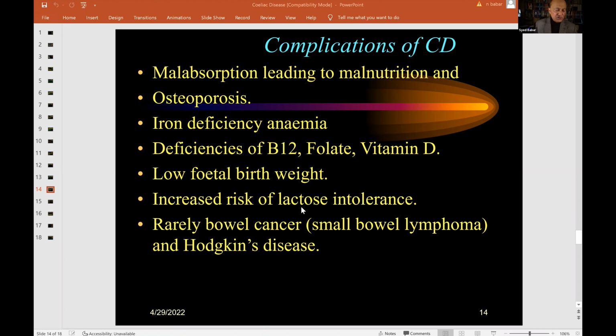Continuing challenge from gluten can be linked to small bowel lymphomas, not necessarily to adenocarcinomas, and may be linked to Hodgkin's disease developing in the future. But not enough data is present to be convincing that celiac disease is a precursor of such cancers.